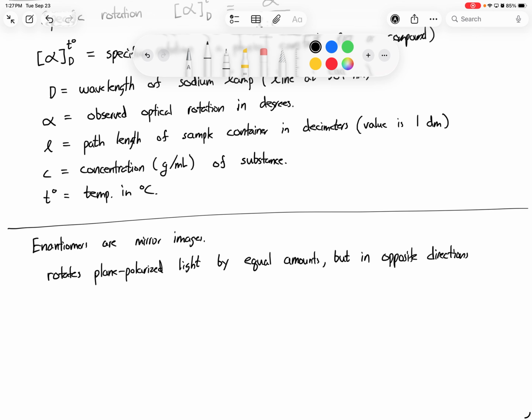Okay, so one rotates something 30 degrees. The enantiomer should rotate it oppositely, negative 30 degrees. Okay? All right.